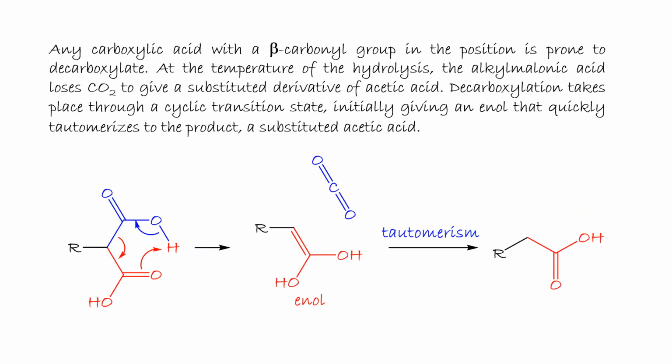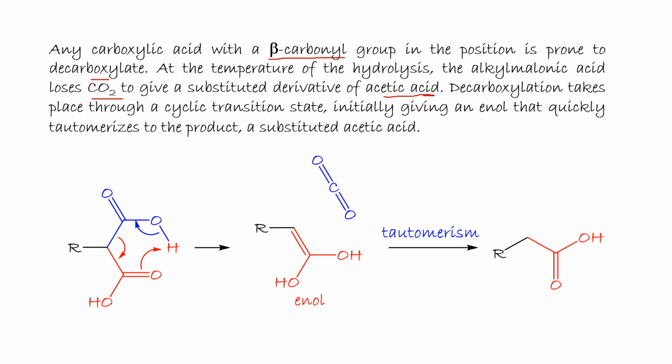Any carboxylic acid with a beta carbonyl is prone to decarboxylate. At the temperature of the hydrolysis, the alkyl malonic acid loses CO2 to give a substituted derivative of acetic acid. Decarboxylation takes place through a cyclic transition state.